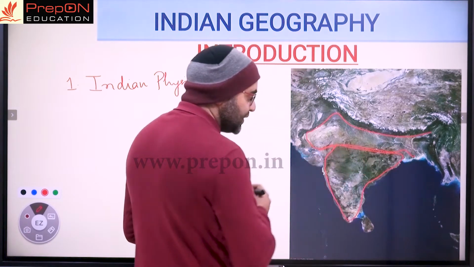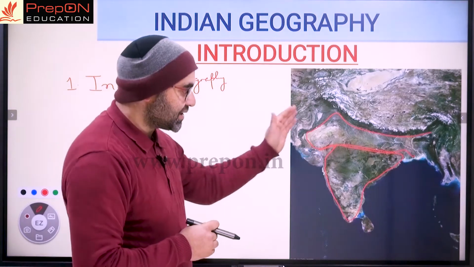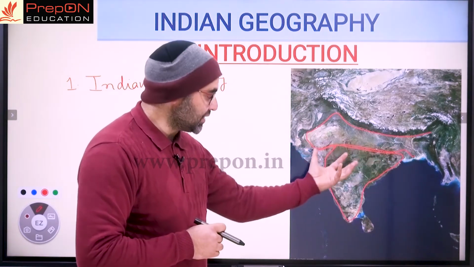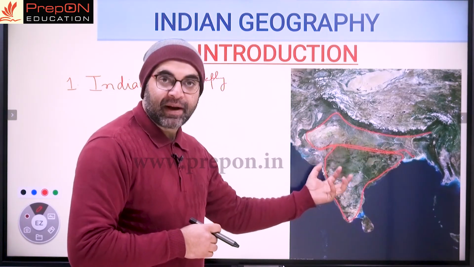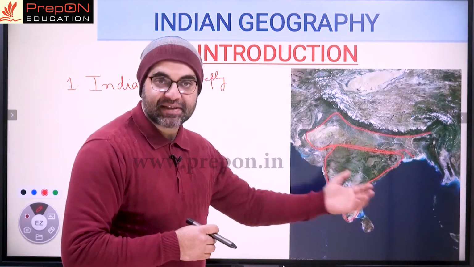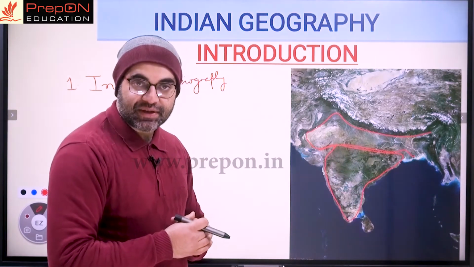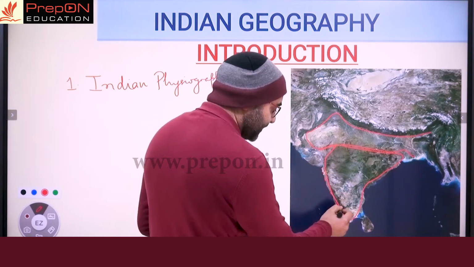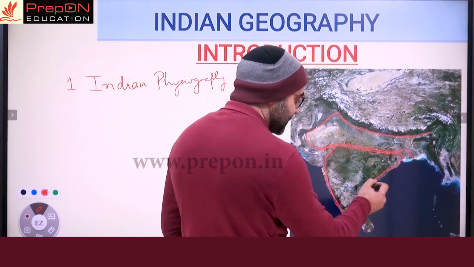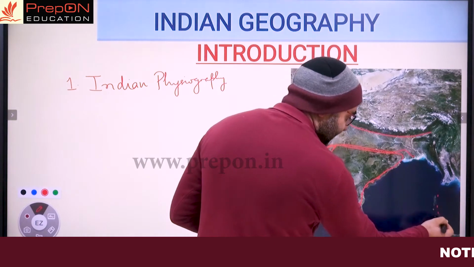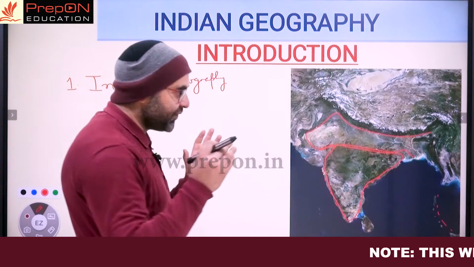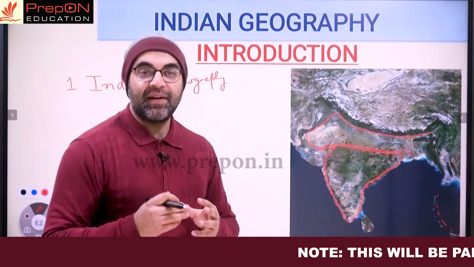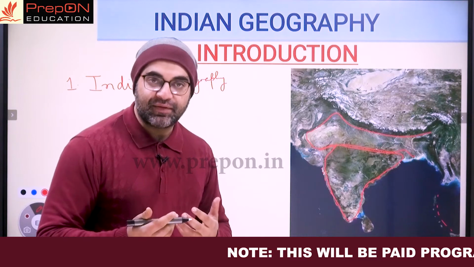We call it the peninsular plateau. It includes Aravalis and Chota Nagpurs and the Deccan Plateau and Western Ghats, Eastern Ghats, all these features. And then we have these coastal plains of India, Western coastal plains and Eastern coastal plains, and then finally the island parts of India.